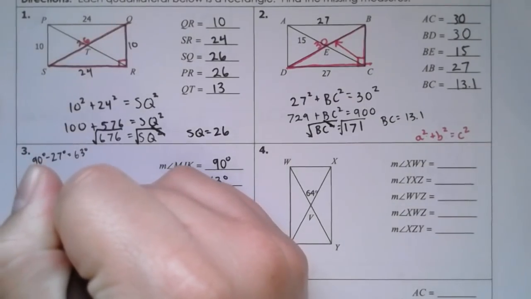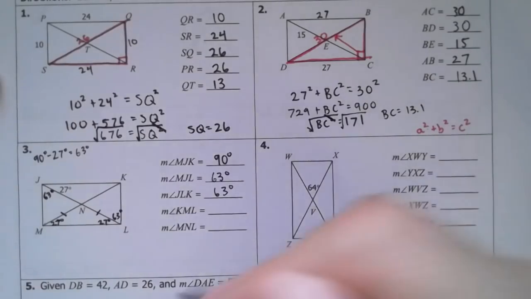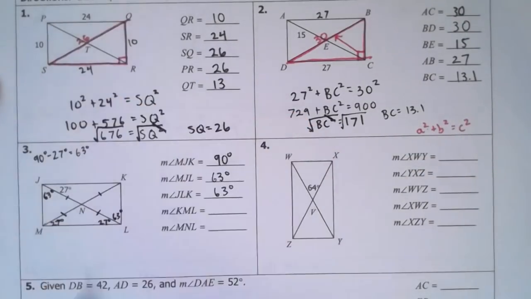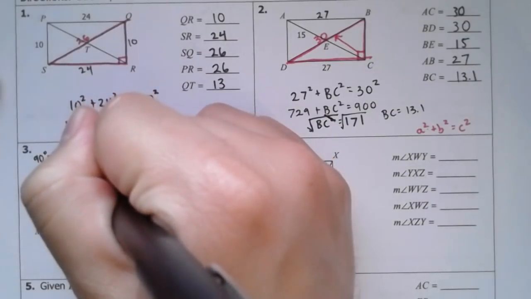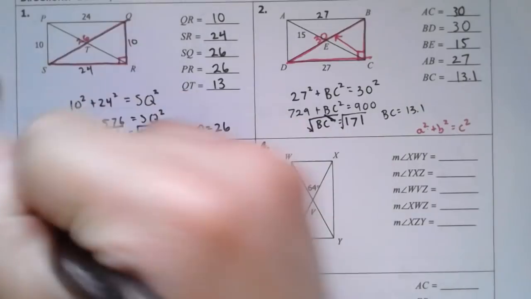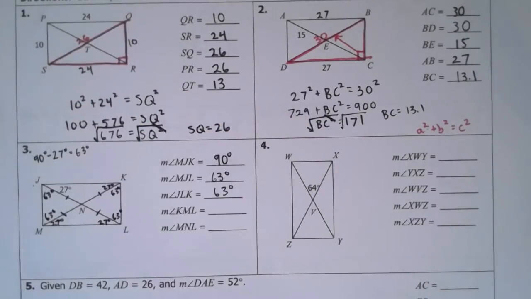Hopefully this is familiar. And in the same sense, looking at triangle JKN up here, this side is opposite to this one. This side is opposite to this one. So then this one is also 27 degrees. And then you can label the rest based on what we've already labeled.